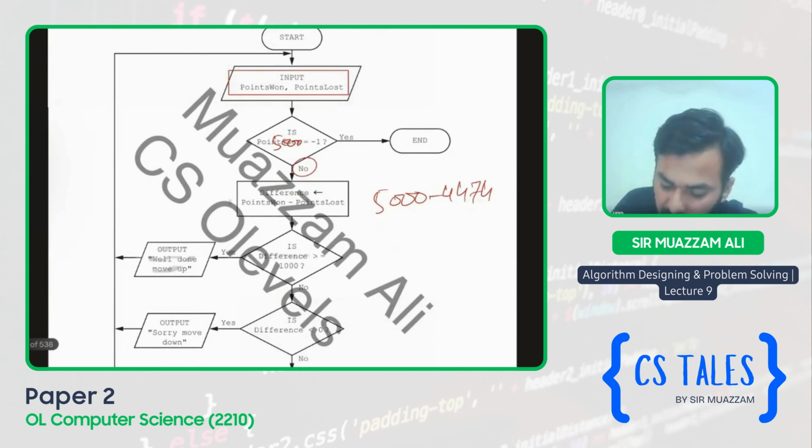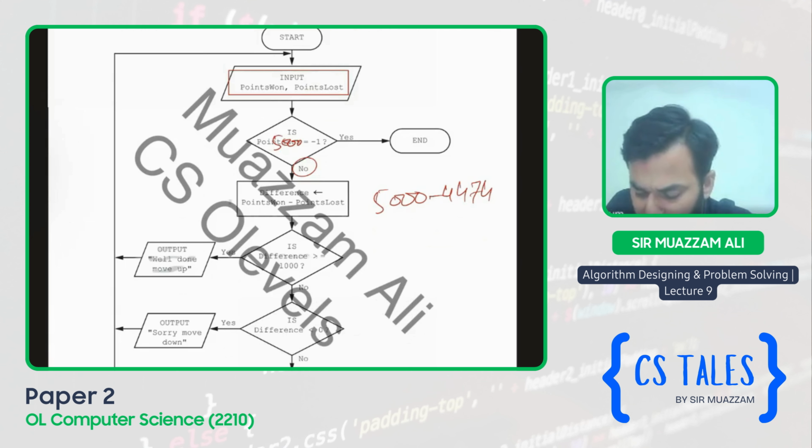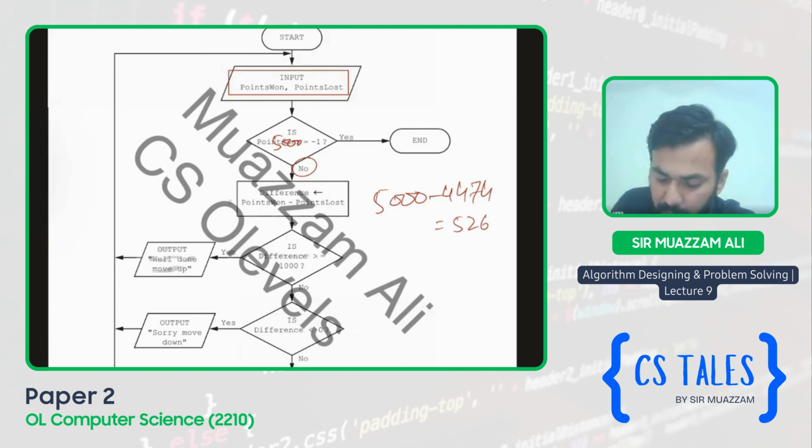Next, is the difference greater than or equal to 1,000? No, because it is 526. Is the difference greater than 0?